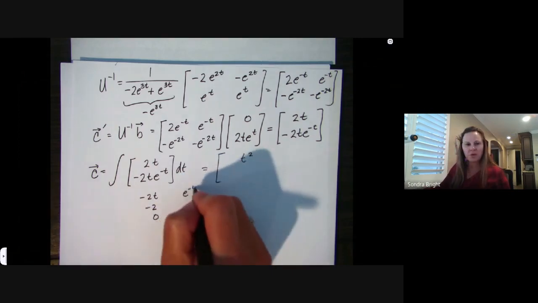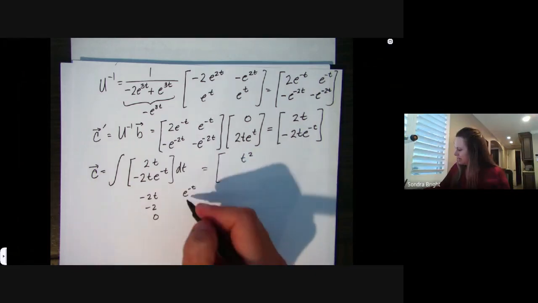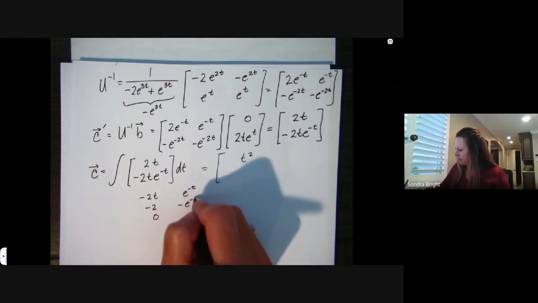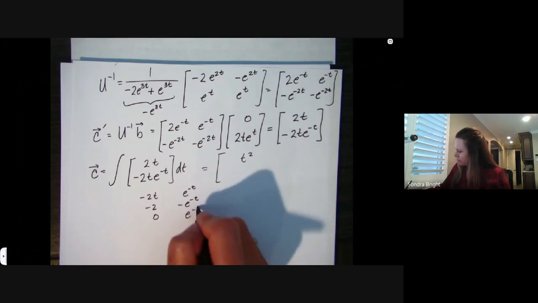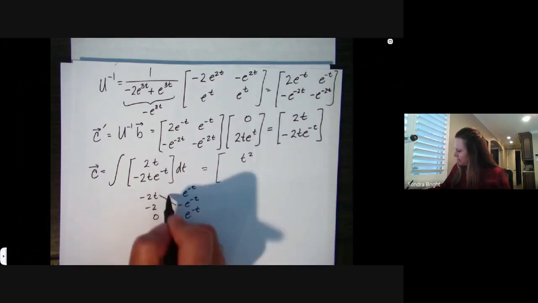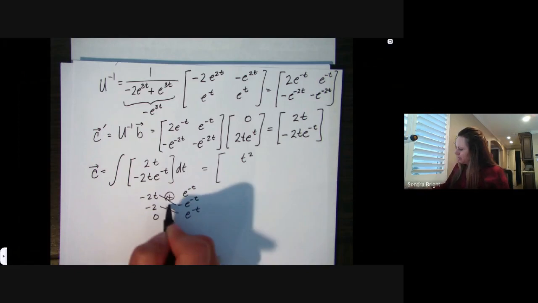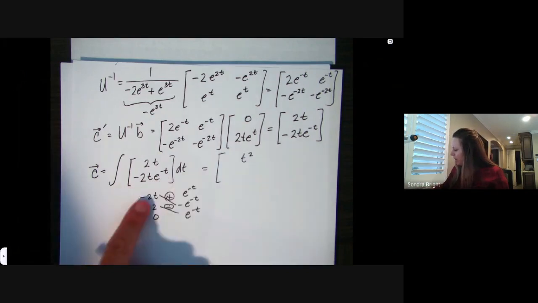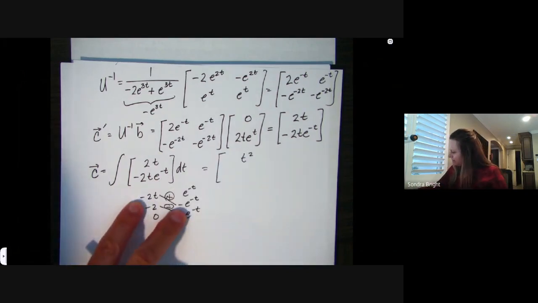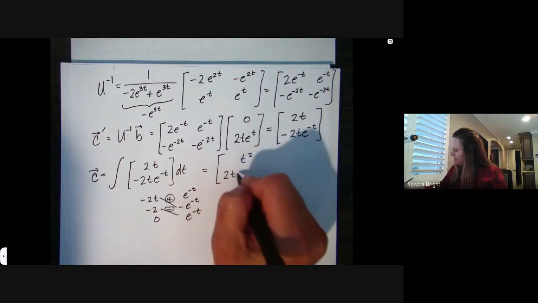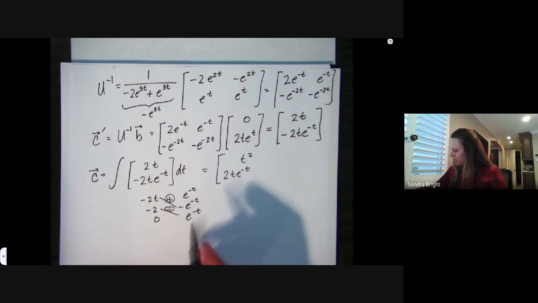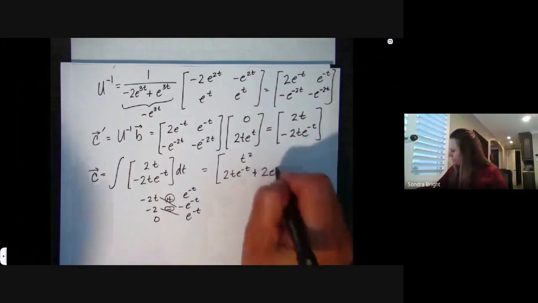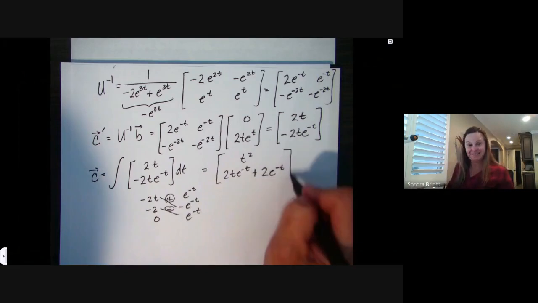Remember, on this column you go antiderivative, so a negative e to the negative t, and then a positive e to the negative t, and you add that diagonal and you subtract that one. So you end up with the integral of negative 2t e to the negative t would be a positive 2t e to the negative t, and then minus a negative, so a plus 2e to the negative t. All right, so that's C.